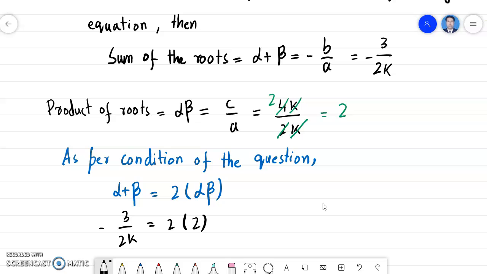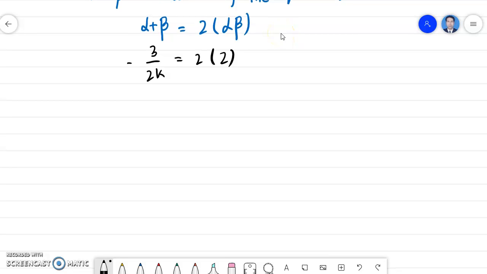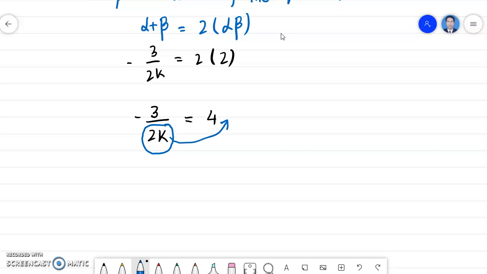So इसको solve करते हैं. We get that minus 3 over 2k is equals to 2 into 2, that is 4. So आप इस 2k को इधर मल्टीप्लाई कर दें, 2k को इस तरफ ले आइए, इस 2k को आप उठा के इधर लाइए और इधर लाके मल्टीप्लाई कर दें.